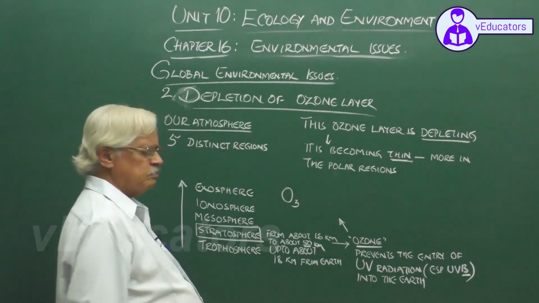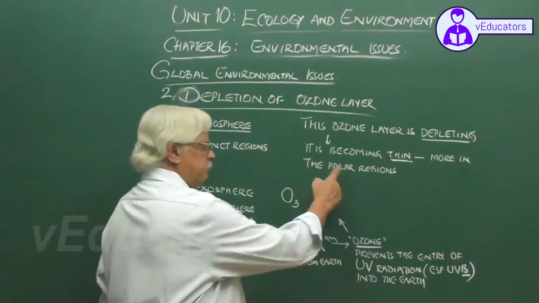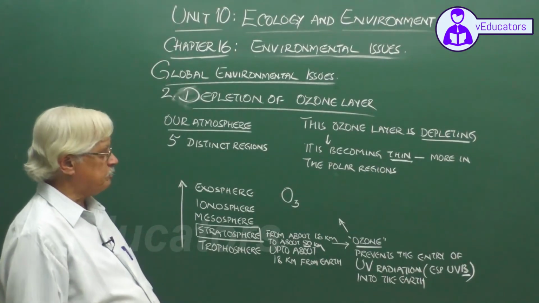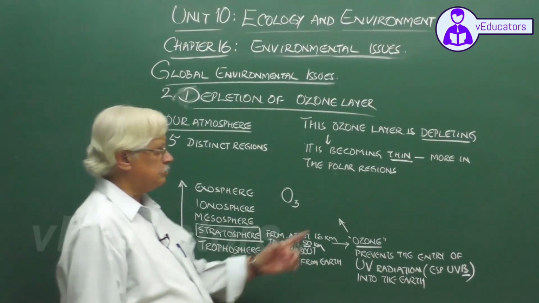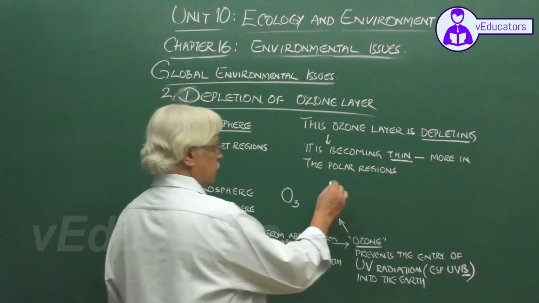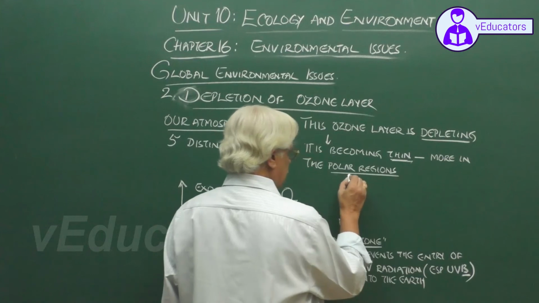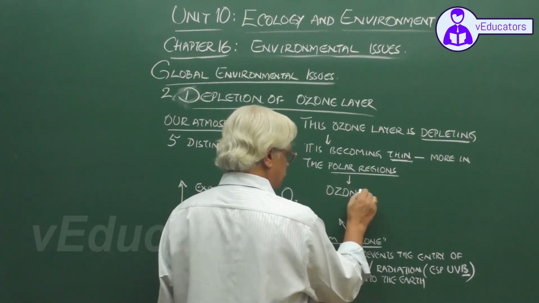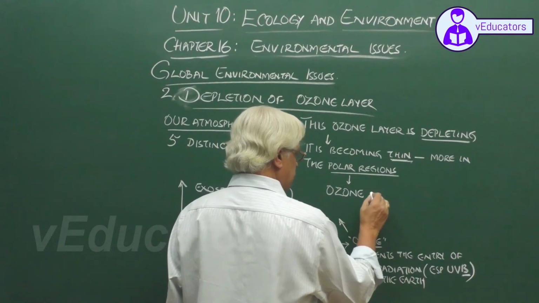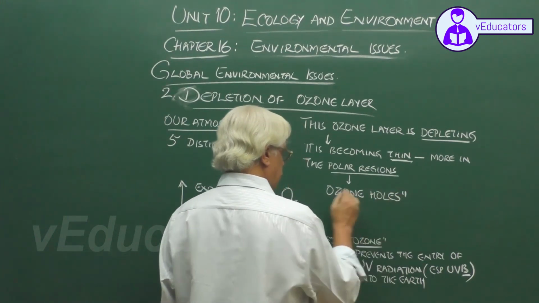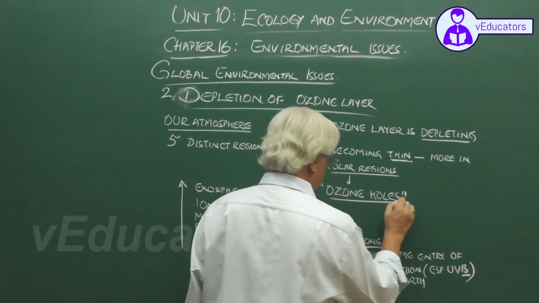Pictures taken by satellites launched by NASA have shown serious thinning of the ozone layer in the polar regions, and such thinnings have been described as ozone holes.